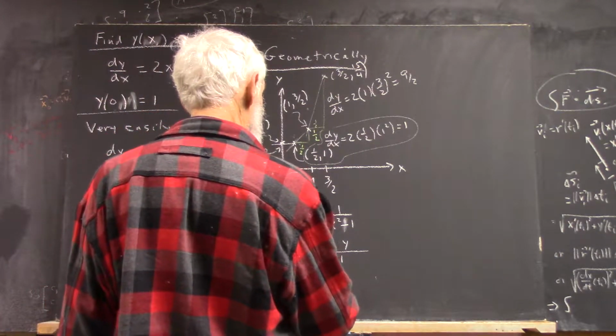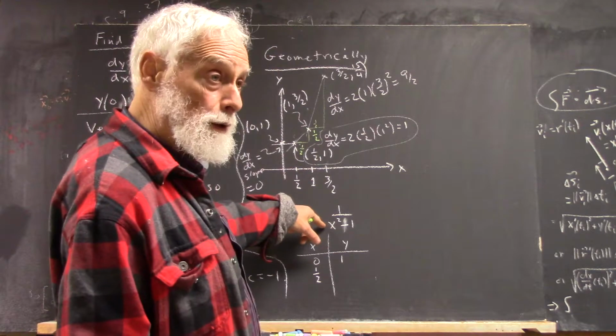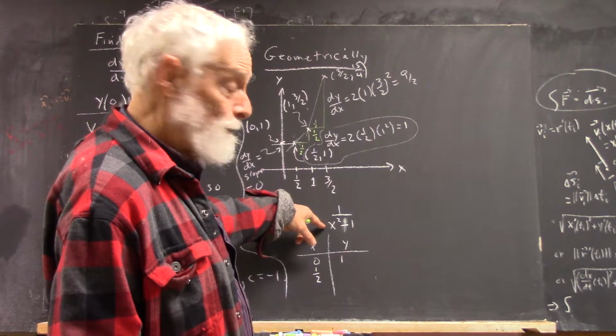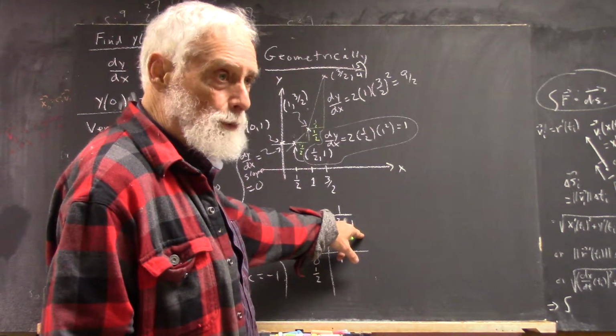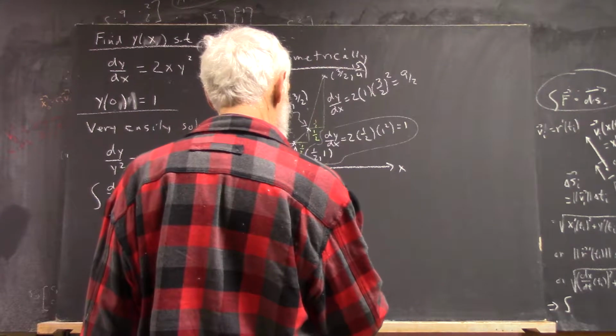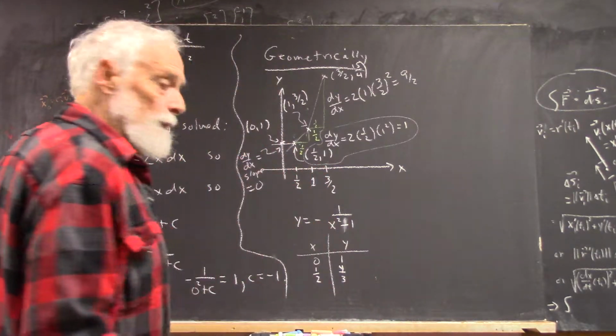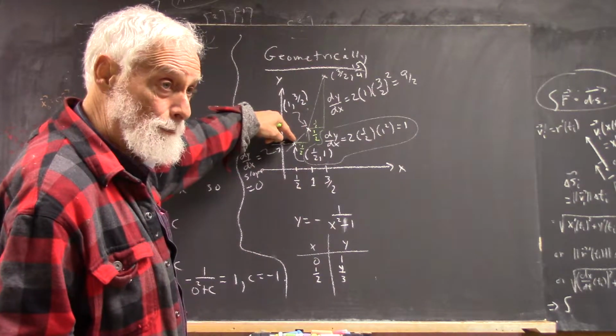When x equals 1/2, y equals what? Well, 1/2 squared is 1/4, right? So now we have 1/4 minus 1, which is negative 3/4, which is going to give us 4/3. Which compares with this. We're a little low, right?